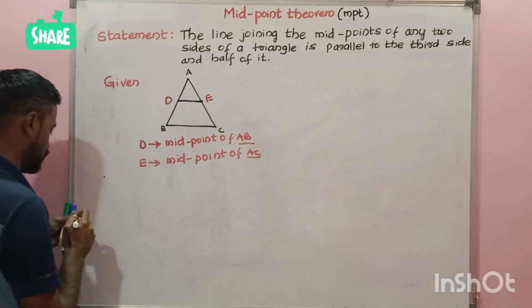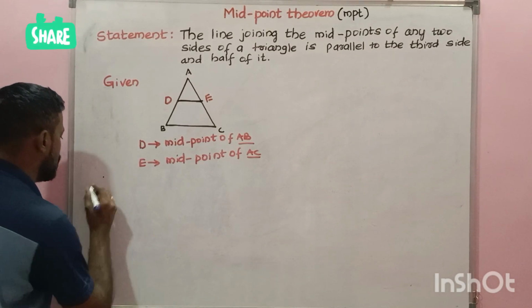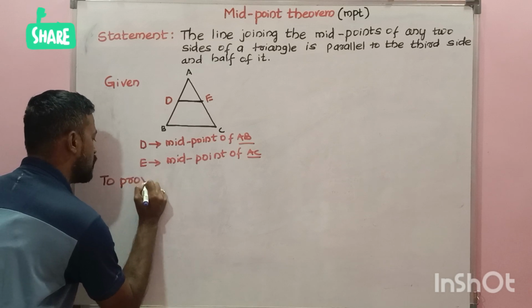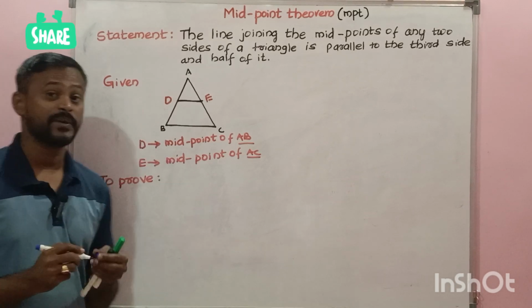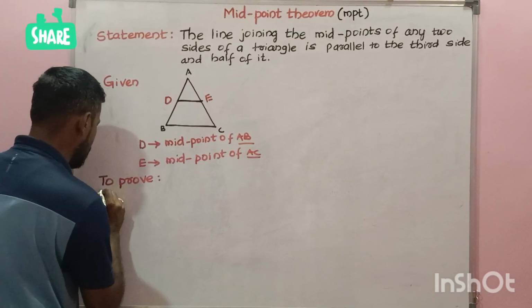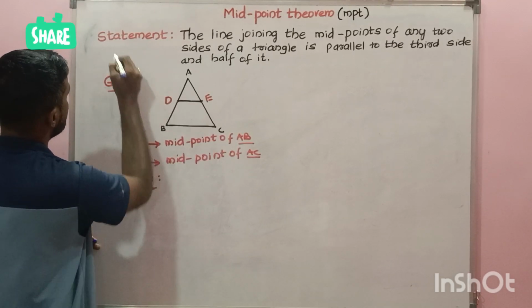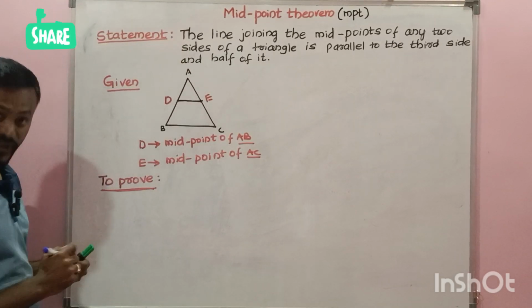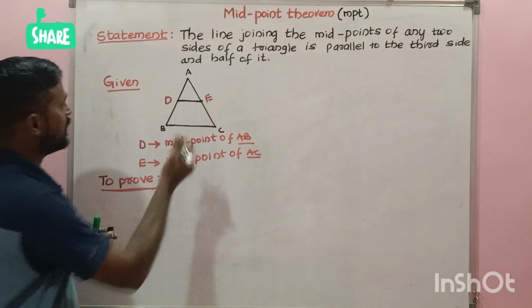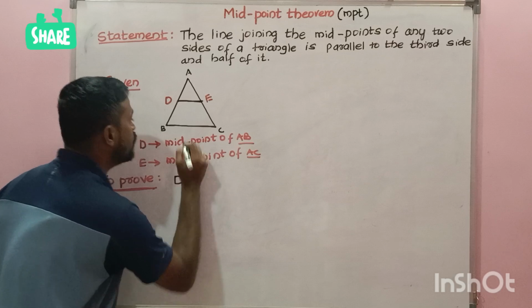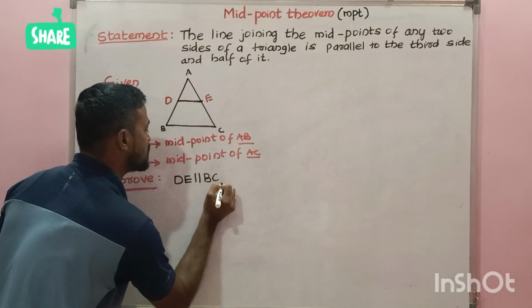According to the statement, we need to prove that DE is parallel to BC first.